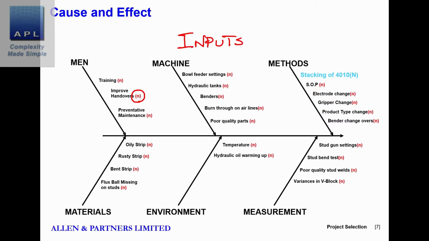So you can see there is not a single C. Now, by the way, if the variable was under control, so we'll take bowl feeder settings, what would be next to bowl feeder settings? If they were under control, a C would be next to them. But there isn't any. Every single variable is an N. They've implemented complete chaos into this manufacturing system, and consequently the process doesn't work very well.